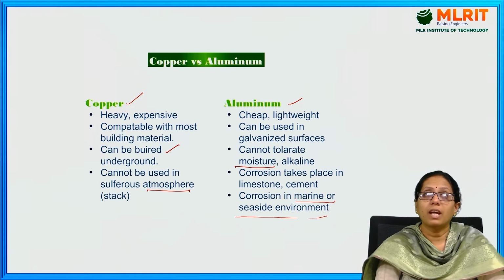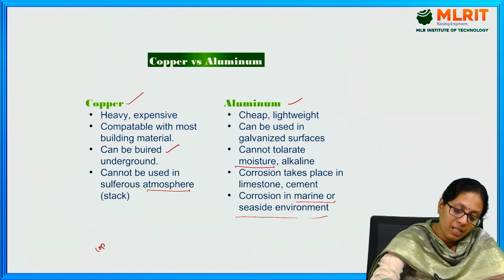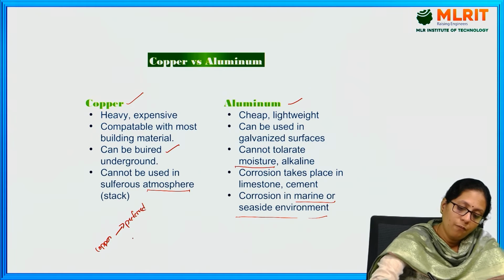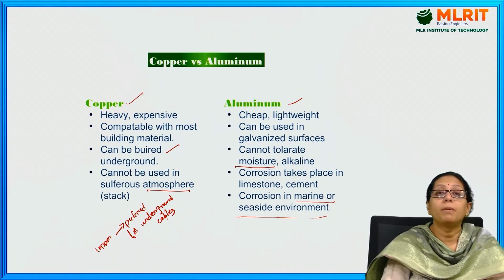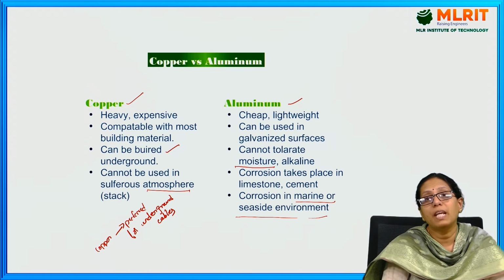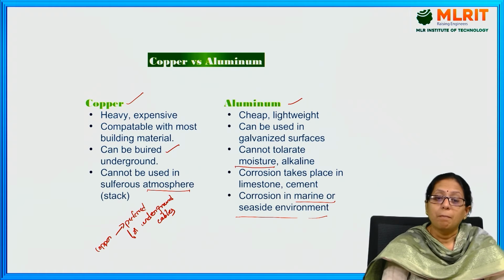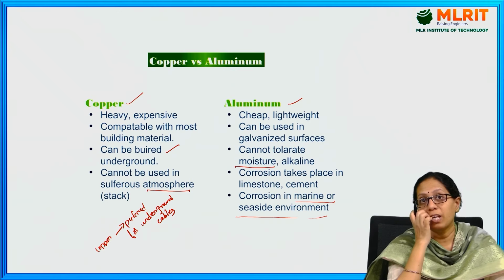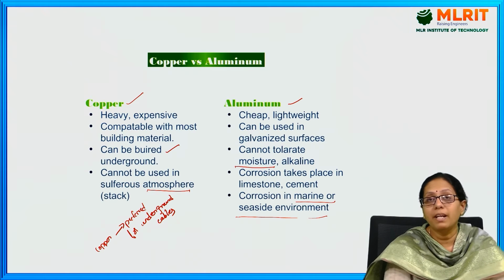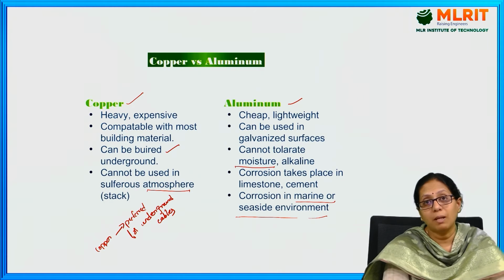So by this we can know that copper is mostly preferred for underground cables. Copper is mostly preferred for underground cables because, although the weight is heavy and it is expensive, it can withstand the atmospheric conditions when it is buried underground.